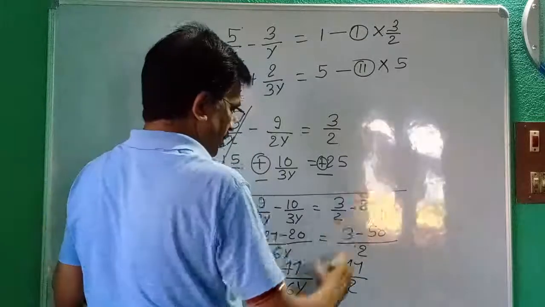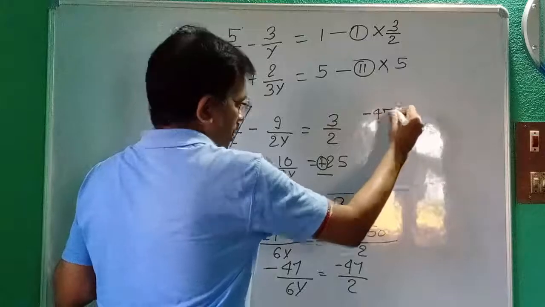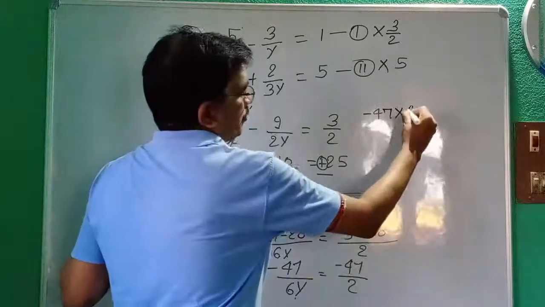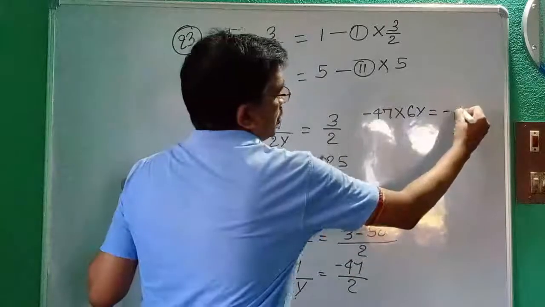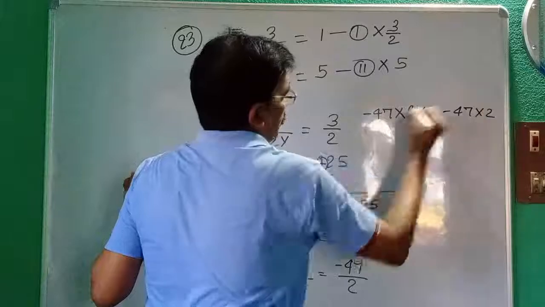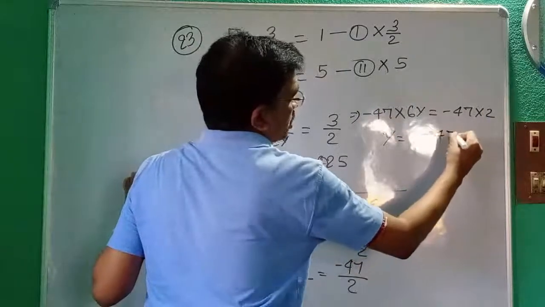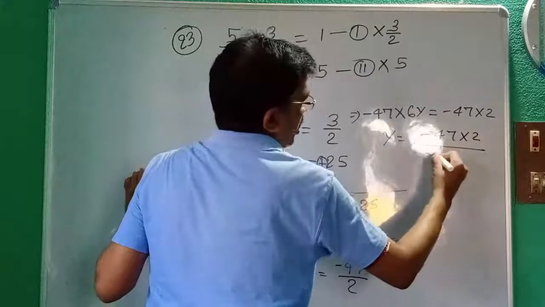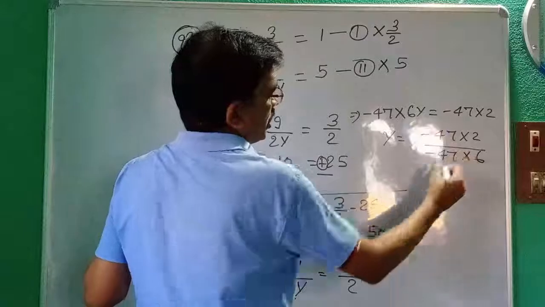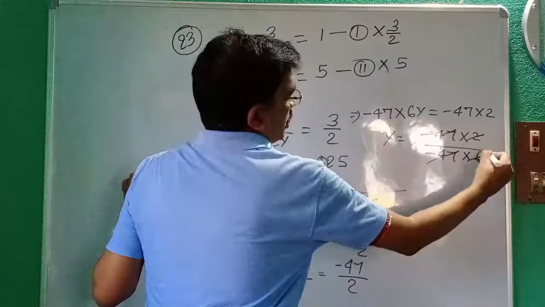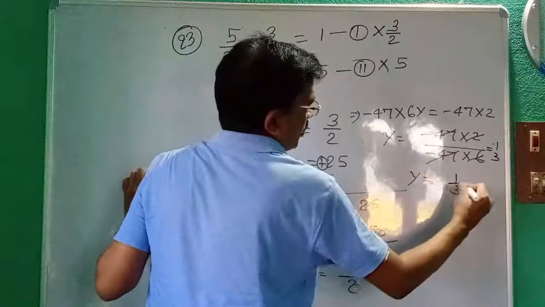Now cross multiplication, you write minus 47 into 6y is equal to minus 47 into 2. So what is the value of y? It is minus 47 into 2 by minus 47 into 6. There is 6, it is cancelled, 2, 3. So it is 1 by 3. So y is equal to 1 by 3.